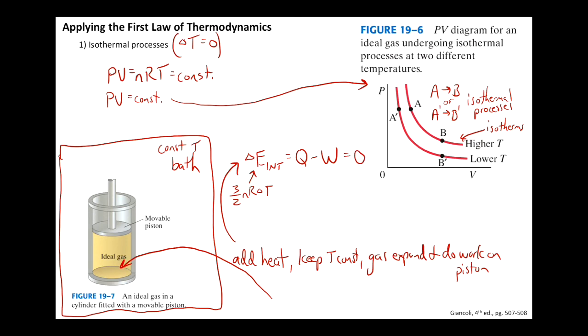No extra energy is happening there. So that means Q in this case is equal to W, which seems to agree with what we just described there down below, right? We added some heat, and that heat directly resulted in work being done on the piston, as long as the temperature isn't changing. Okay? Add heat, keep the temperature constant, gas expands, doing work on the piston.